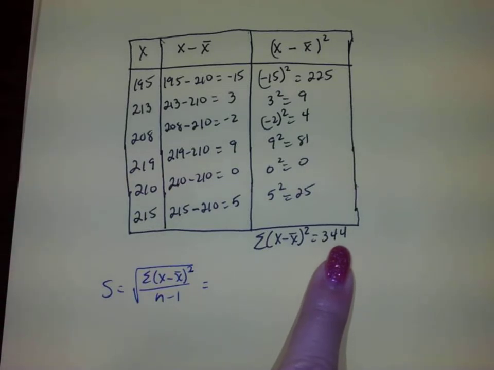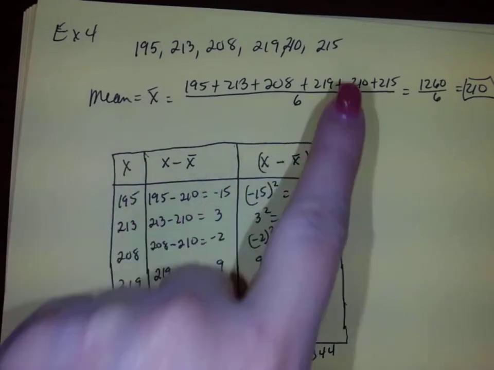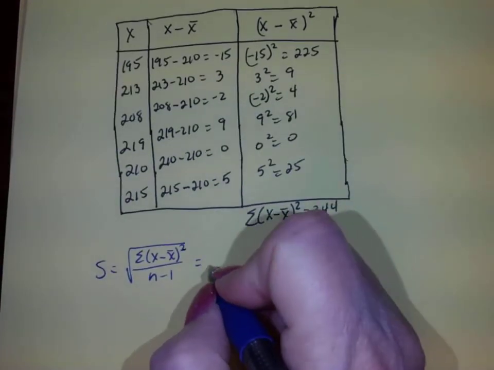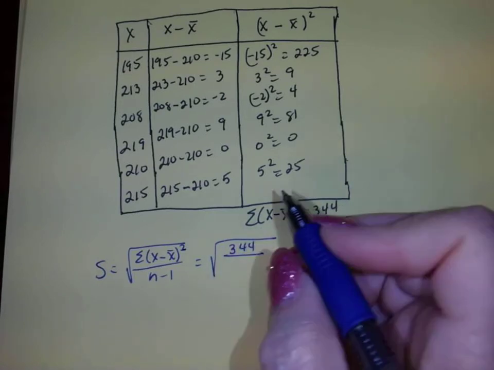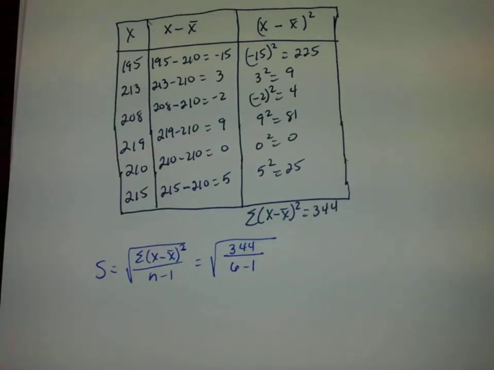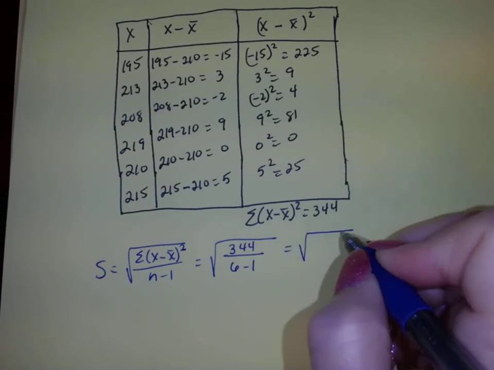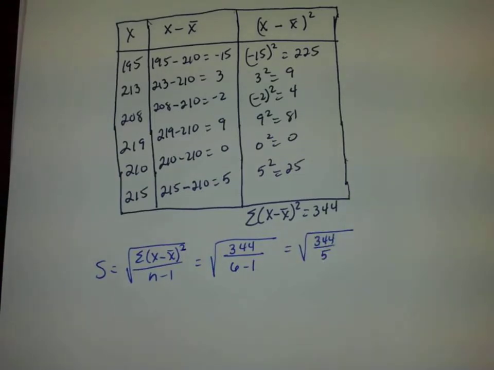Our n is the same number of values we used to find the mean. We had 6 data values. So we're going to have the square root of 344 divided by our n of 6 minus 1.